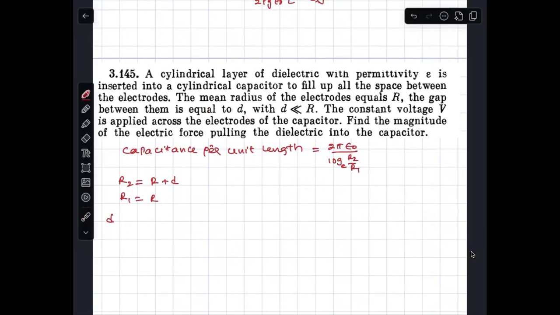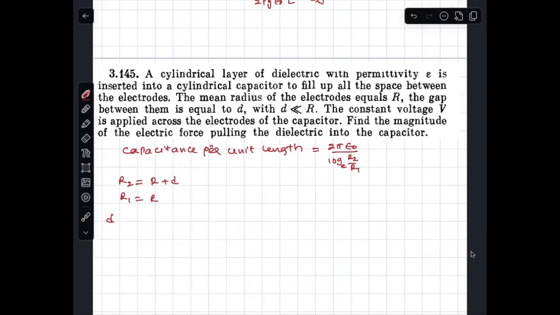The cylindrical layer of dielectric with permittivity epsilon is inserted. The mean radius of the electrodes, mean radius, yeah, almost you can consider like that. No issues. Almost you can consider like that. So, one minute, is it very clear?